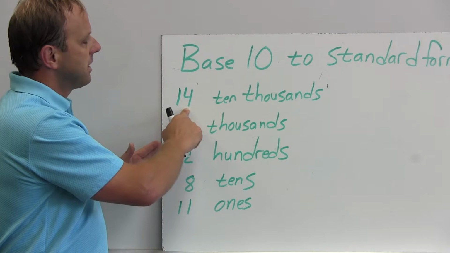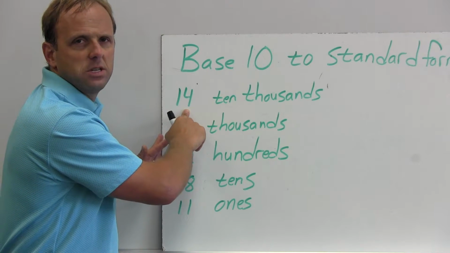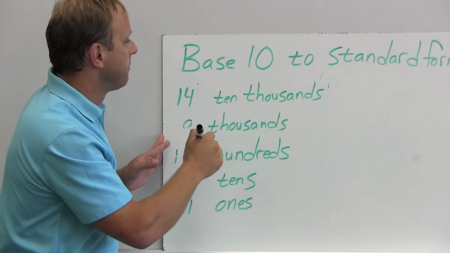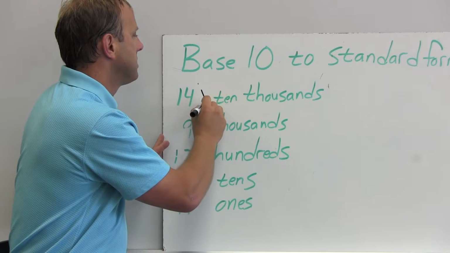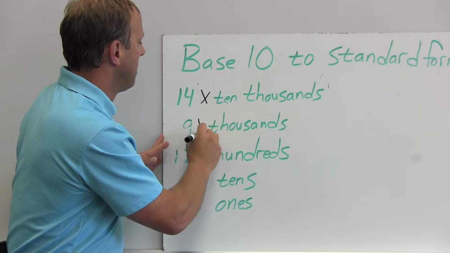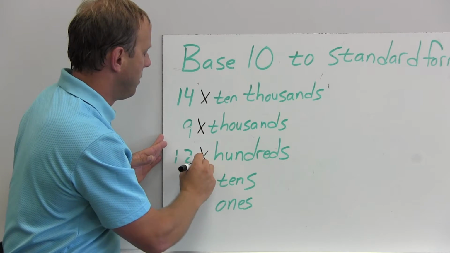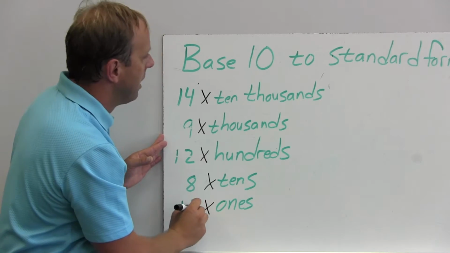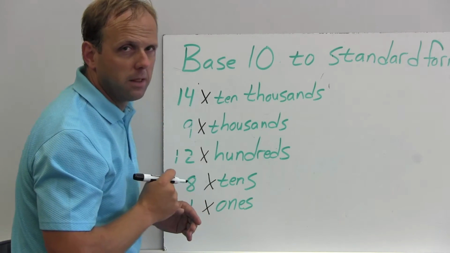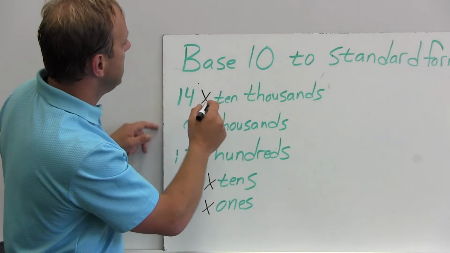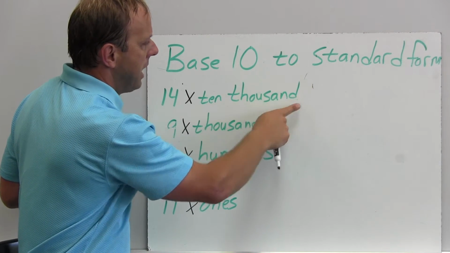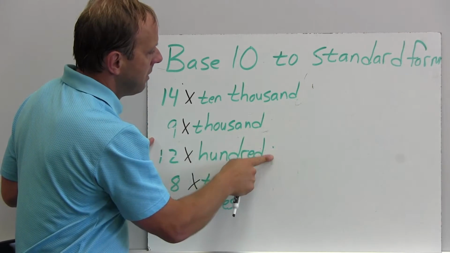When you have things like this, 14 10,000s, well, you can't have 2 digits in one place. So what we do on these is we put a multiplication symbol on each one of these. We'll have this a lot in morning math later in the year. 14 times, and we don't really need these S's. I'm going to get rid of them.